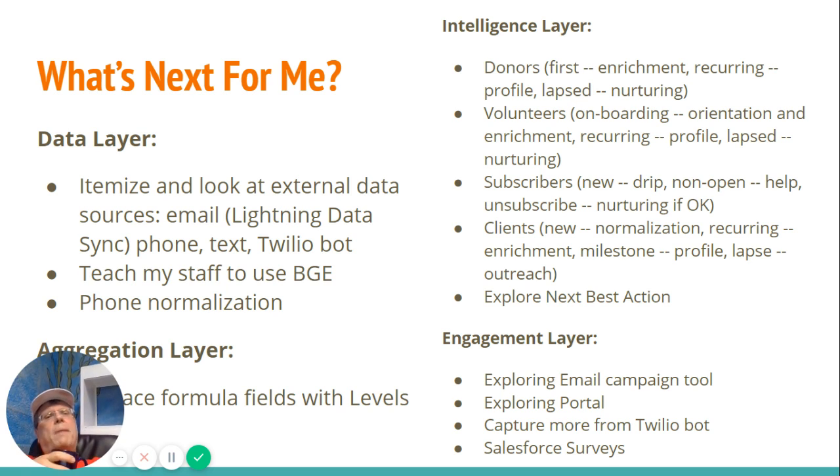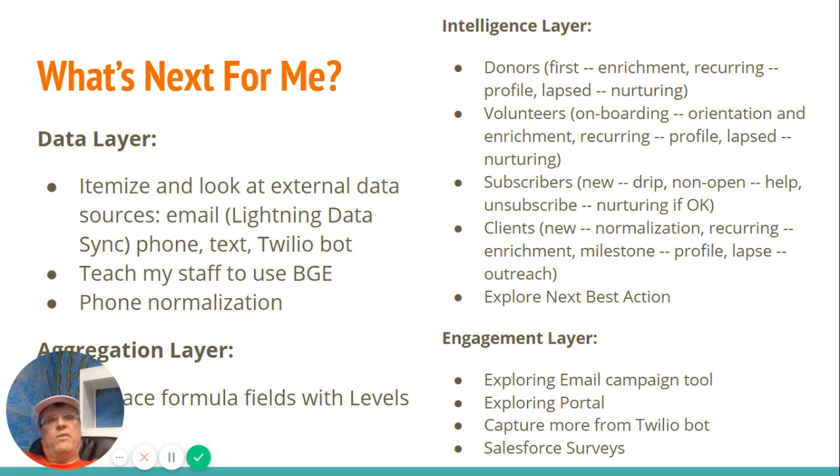And when someone lapses, we're going to assign some steps to nurture that to some staff members. Volunteers, we're going to assign steps when they're first onboarding, including checking that they've done proper orientation, enriching the data. When somebody's recurring, we're going to build a volunteer profile for them. And when they lapse, we're going to assign some nurturing steps to restore them.